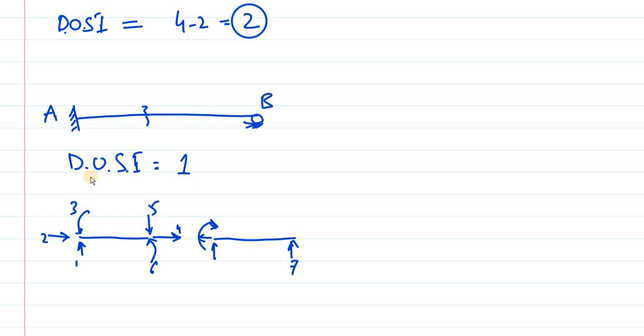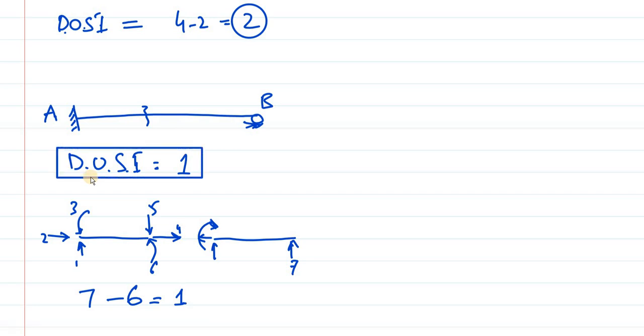We can apply 3 equilibrium equations to the left segment and 3 to the right segment. In total, including the external forces as well as internal forces, we have 7 unknowns and 6 equilibrium equations. So again we end up with a degree of static indeterminacy equal to 1, which we had seen over here as well.